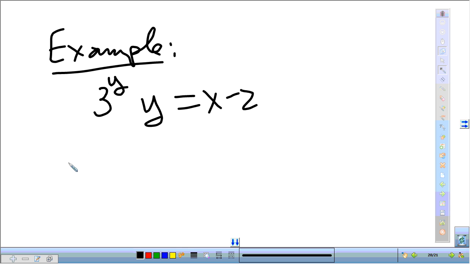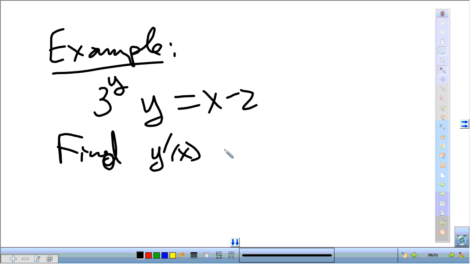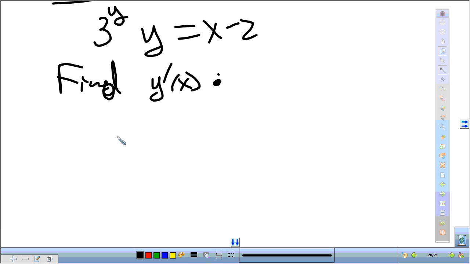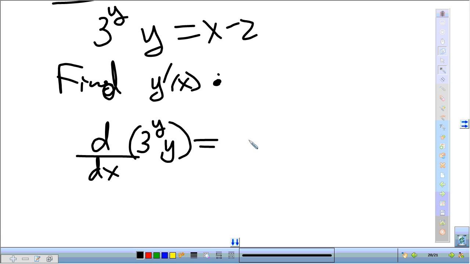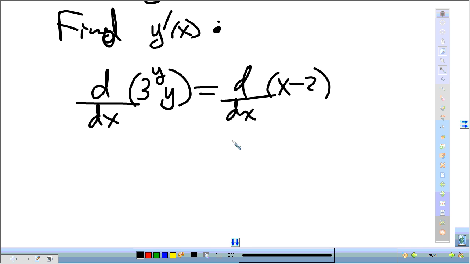So to find the derivative, we will differentiate left and right sides, the two equal expressions, using derivative rules. Of course, this side is just an expression in x, and that derivative is 1.